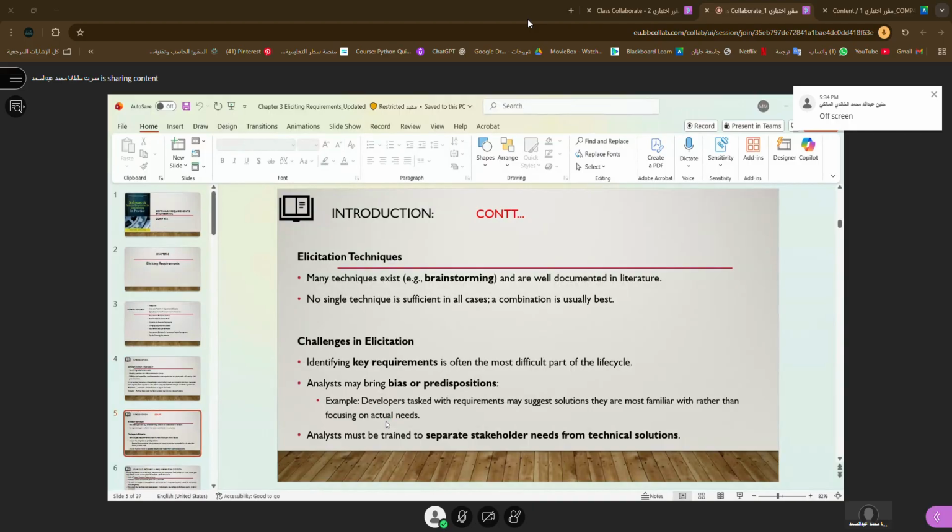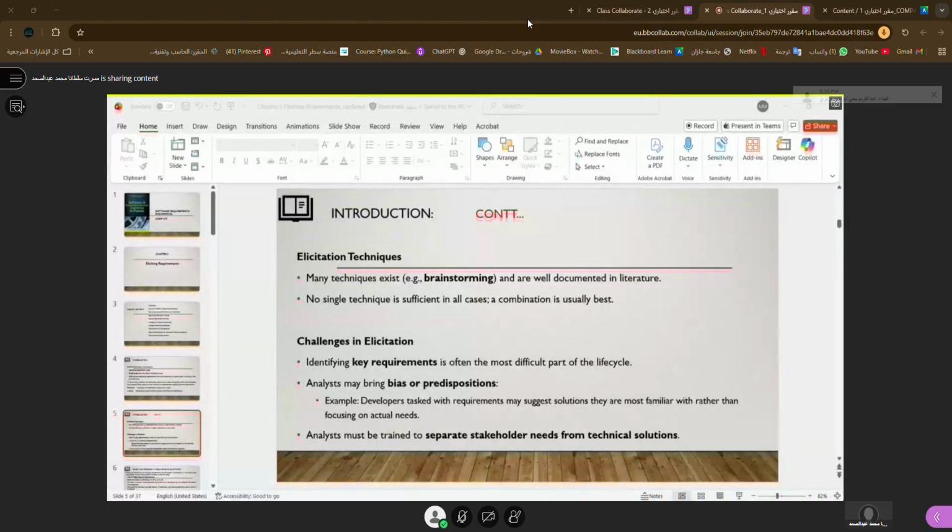What? I can't see your messages. What are you asking? No screen. You can't see. I'm sharing the screen with you. Can you see the screen?